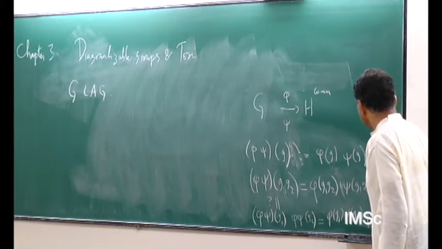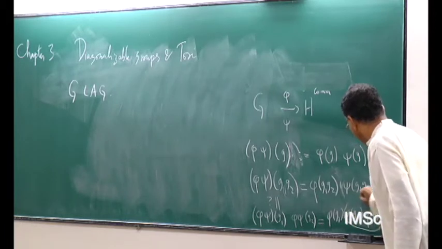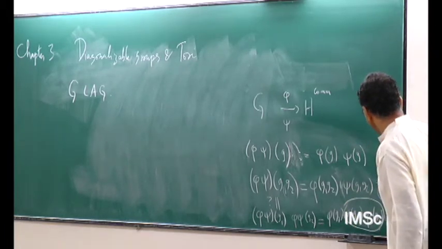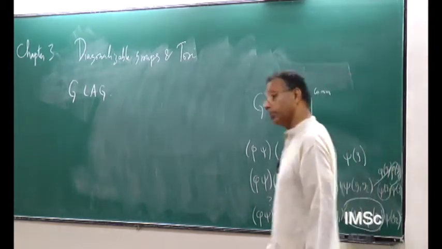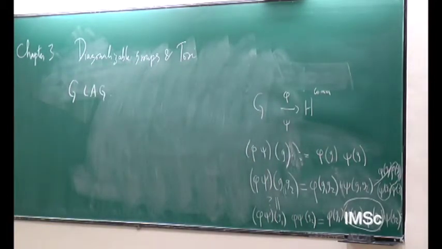But all this is happening inside H, which is commutative, so I can swap the middle two terms and rewrite it as phi g1 psi g1 phi g2 psi g2. Yes, indeed. So that is commutative, correct?